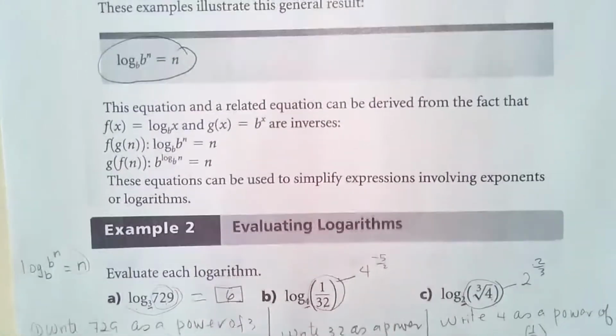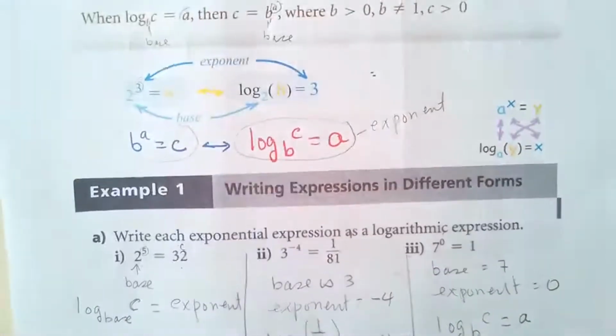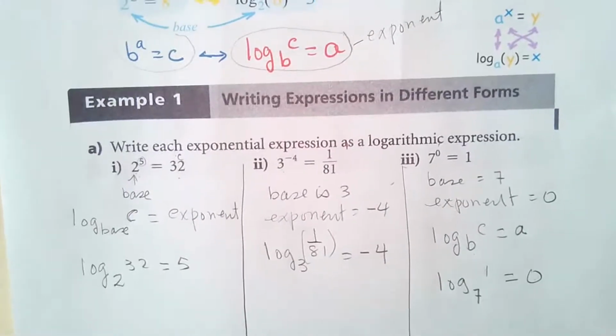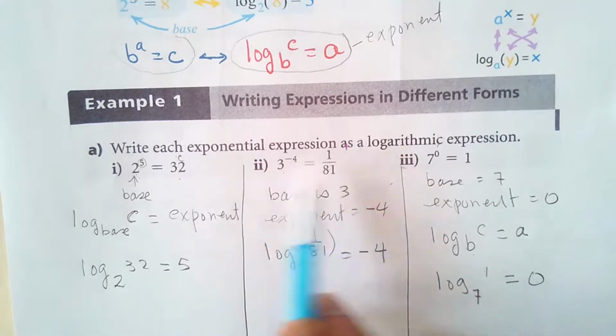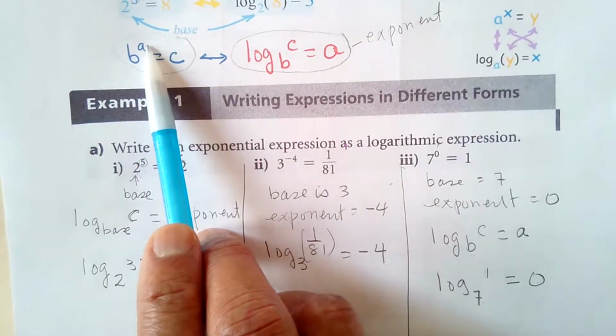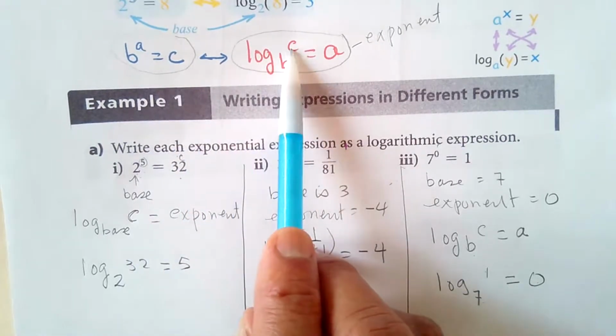So to summarize, today we learned of a logarithm, and we can write the expression in a different form. We can change a log into an exponential function. We see that b to the power a equals c is equal to log base b of c equals a.